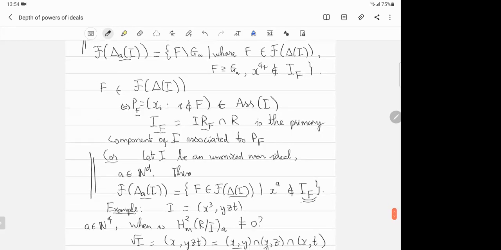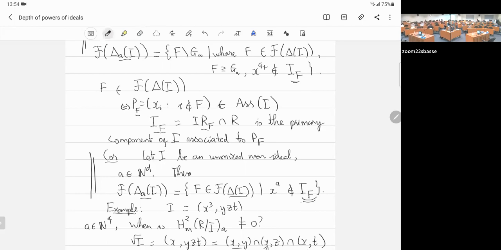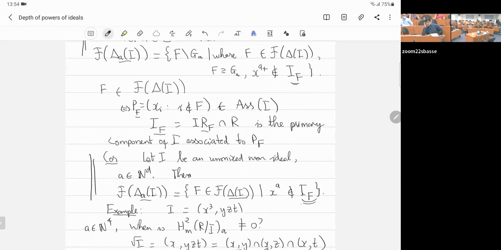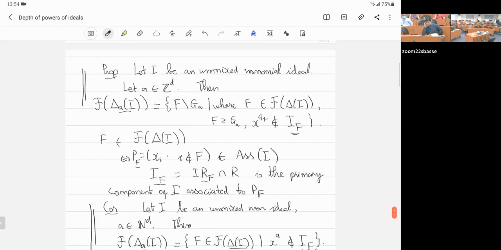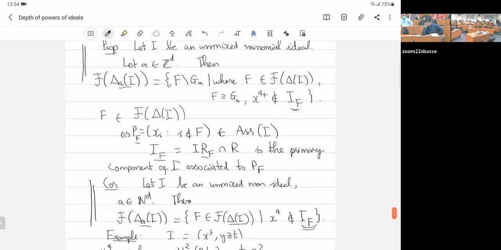The difference here is that the I_F here are monomial ideals, while the I_F here are not monomial ideals. They are ideals in some localized ring. Again, the question is the same regarding the role of unmixedness. In the computing example, it seems that it can be true for any case.